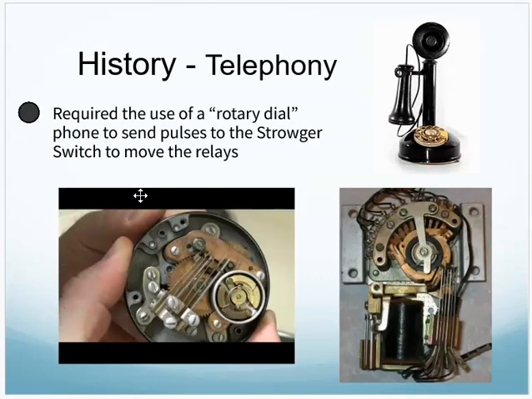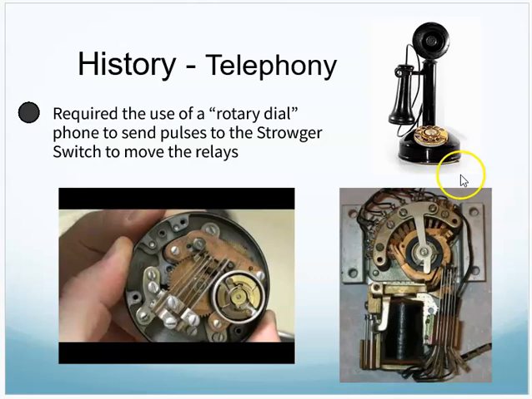This did require the use of a rotary phone, this type of phone here. If I flip it over and look at the bottom, as I crank this wheel around and let go, the wheel goes back to its starting position, but as it goes, it literally makes contact. If you spin the wheel around to digit 5 and let go, as that wheel goes back to the starting position, it's going to make contact on the bottom 5 times and send five pulses of electricity to the stepping relay so that you could make contact with that person.